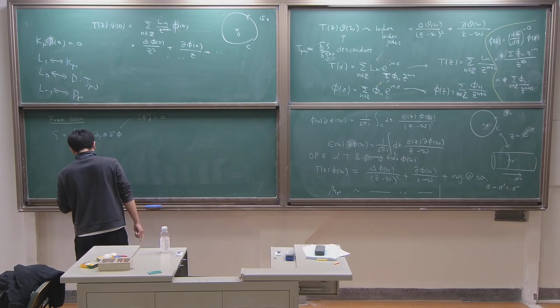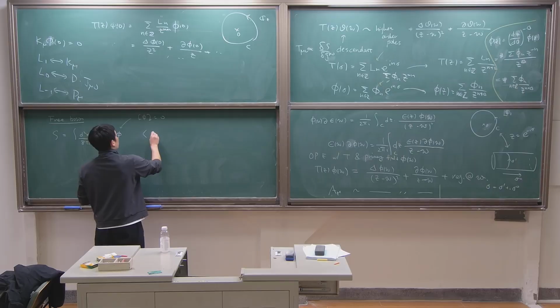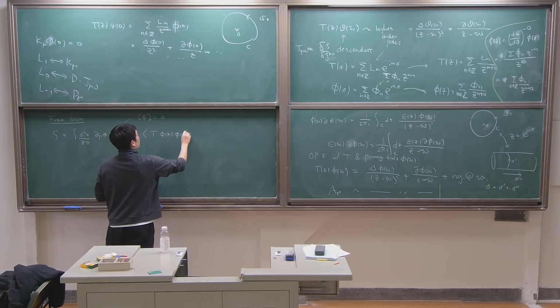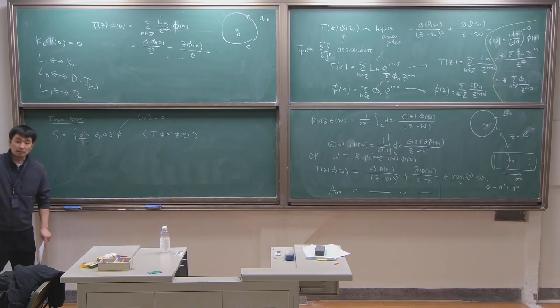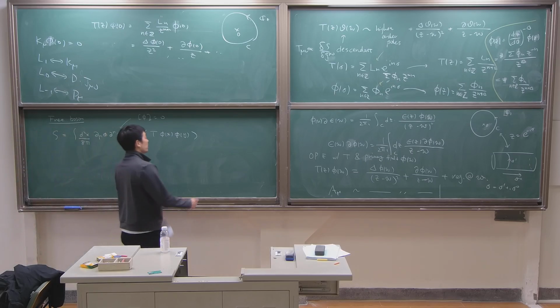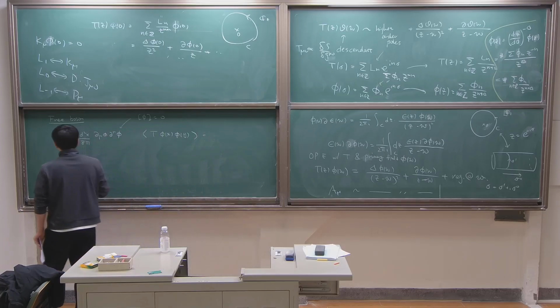But still we can consider the propagator of this theory. The propagator of this theory is something like the time-ordered product of phi of x and phi of y. This is the propagator of this two-dimensional free boson. This is usually the inverse of this Laplacian.